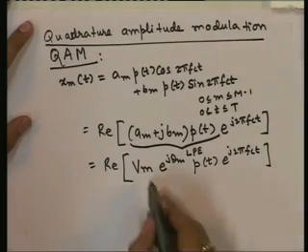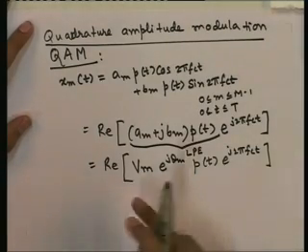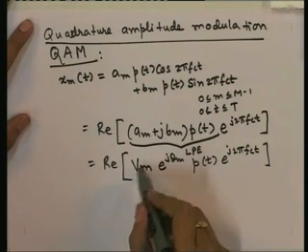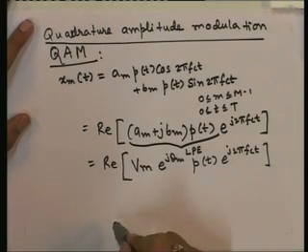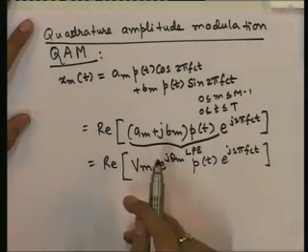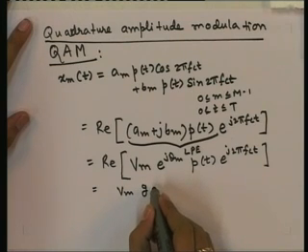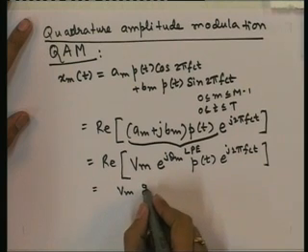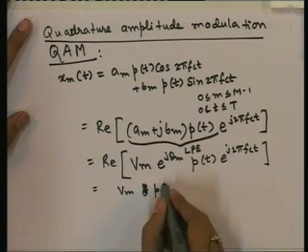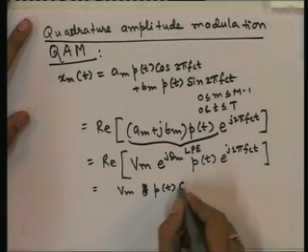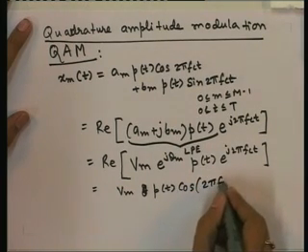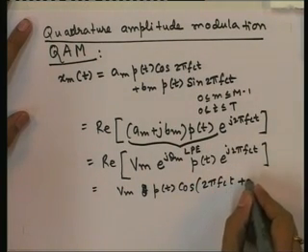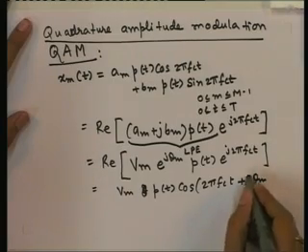For the PSK signal set, this V_m was constant. The magnitude of all the signals was the same, whereas theta_m varied. Here V_m and theta_m both may be different for different m. So this can be written as V_m p(t) cos(2 pi f_c t plus theta_m), not j theta_m.